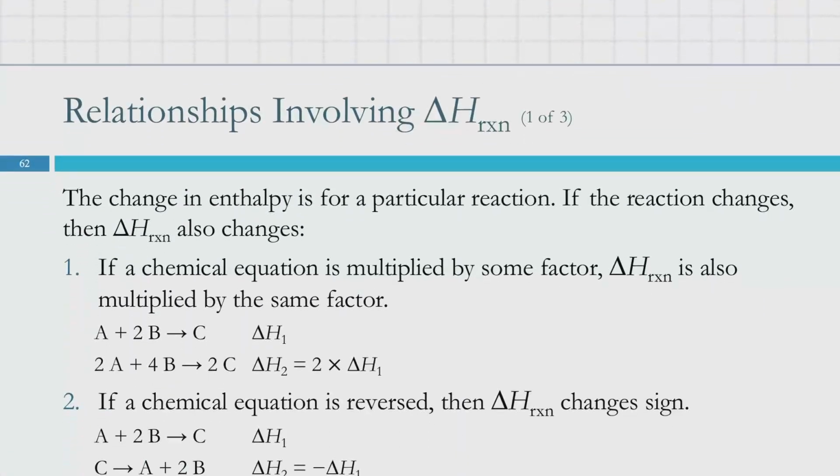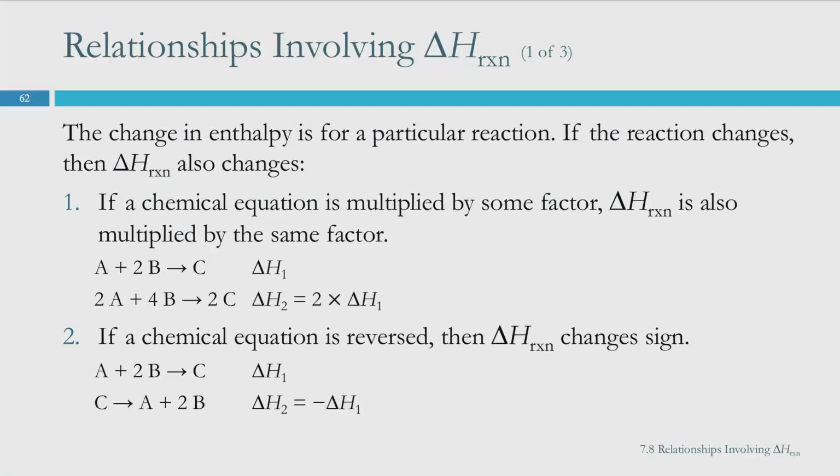Okay. So we can also do some other stuff with change in enthalpy of a reaction. So the change in enthalpy is for a particular reaction. It's for the reaction as written. If we adjust our reaction in any number of ways, then our change in enthalpy is also going to change.